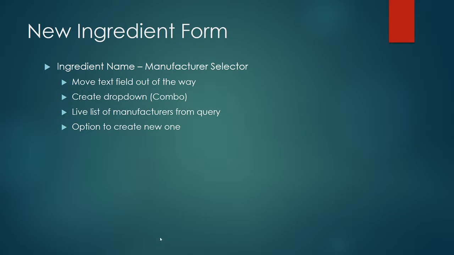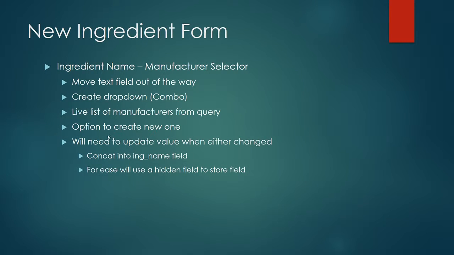The next thing we need to do is update the value when either is changed, because we will be using unbound fields to take in the name and that drop down. We then need to stick that all together, include the hyphen and the brackets, and put it into the database.